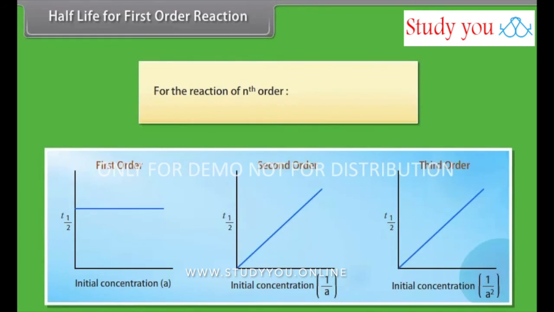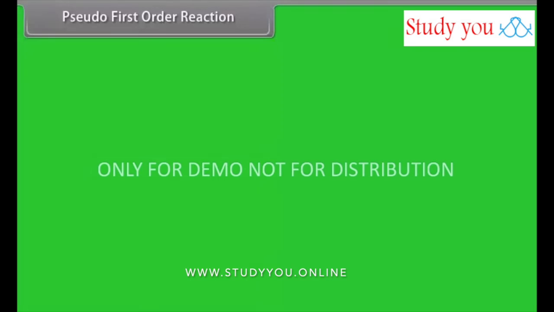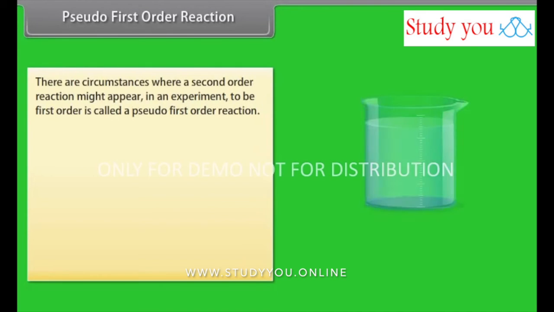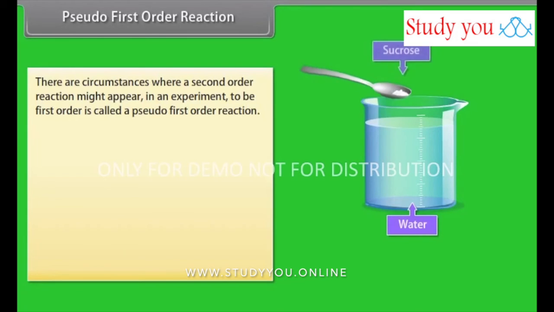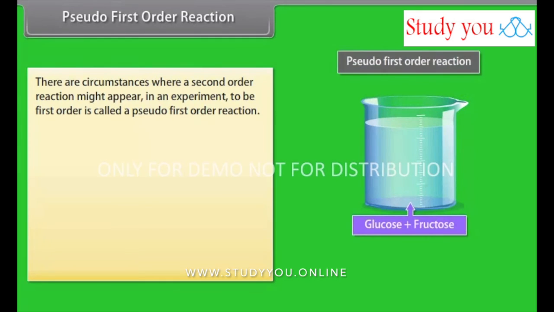For the reaction of nth order, t half is inversely proportional to A naught raised to the power n minus 1. Pseudo first-order reaction. There are circumstances where a second-order reaction might appear in an experiment to be first-order; it is called a pseudo-first-order reaction.